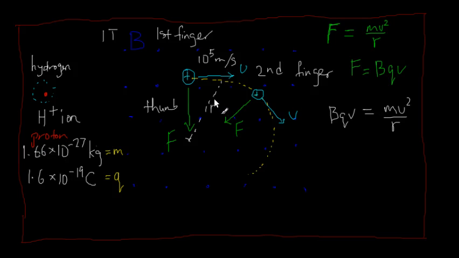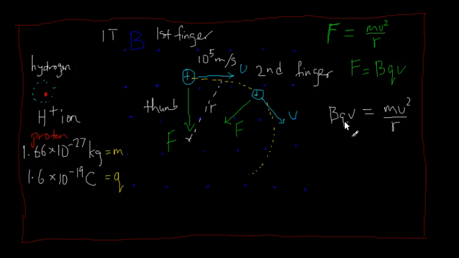Now remember that I want to calculate the radius. Looking at this equation, the radius is here. This is what I want. And if you look at the other quantities, I think we know all of them. We know that B is 1 Tesla from there.